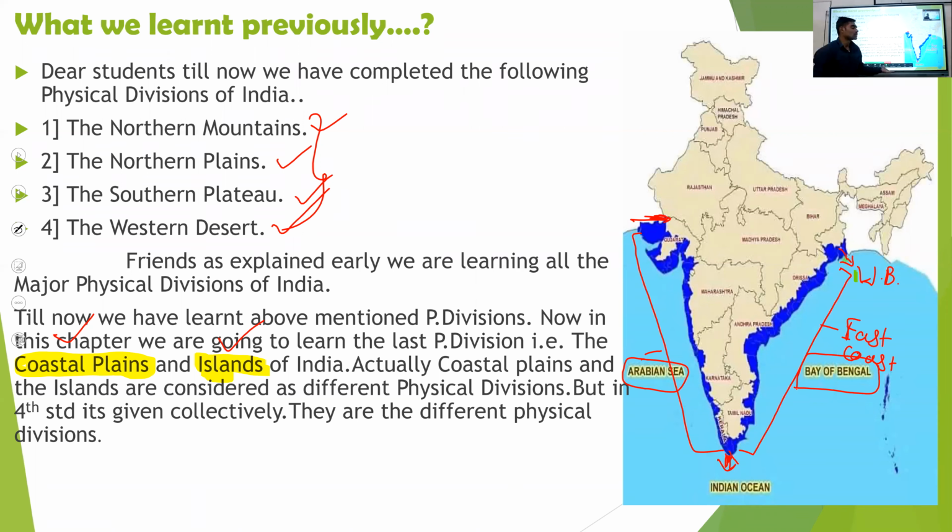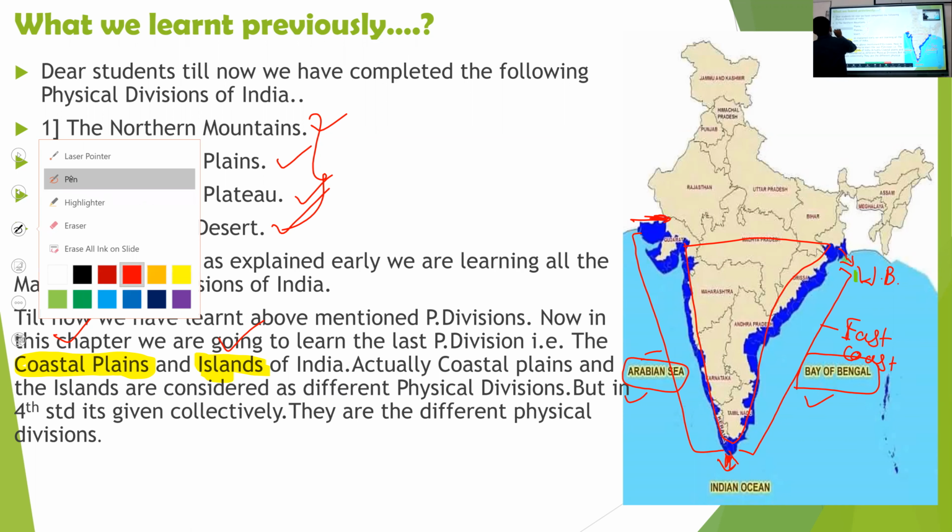So towards both sides you are having sea around our India. This part is the peninsular India, as we have already seen. Towards the west side you are having the Arabian Sea, and towards the east side you are having the Bay of Bengal. So on both sides you are having the coast, as well as a few plain areas adjacent to the coast. That will be called coastal plains.